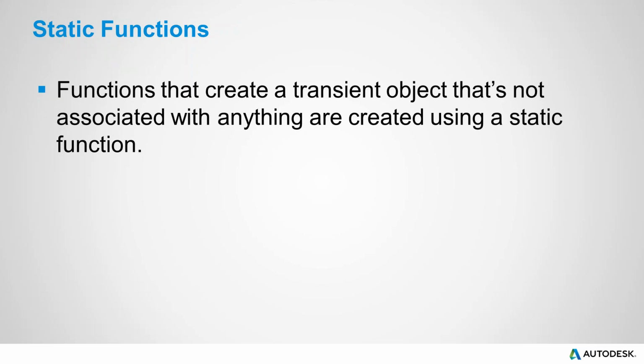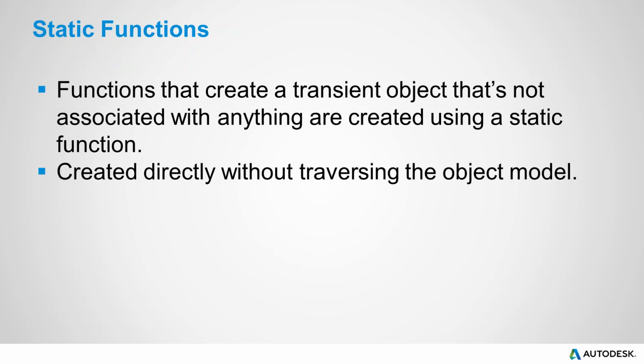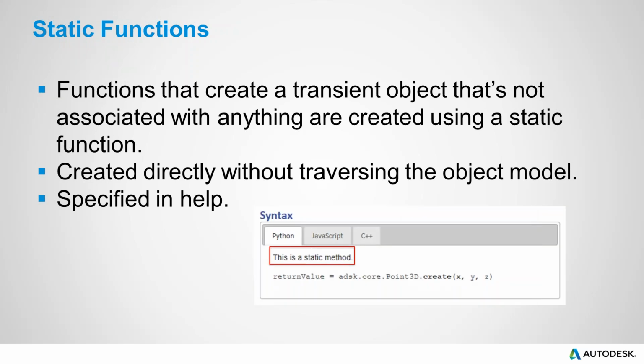So it's a temporary thing that you use just to collect up some input to provide to something else, or it's used to return some data from something. And there are several functions that are static that you can create that way. You just create them directly without having to traverse anything. And in the help, it is specified whether they're static or not.